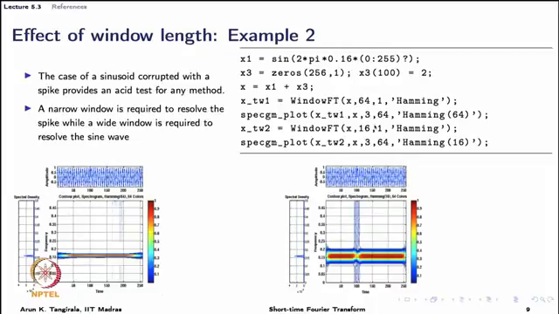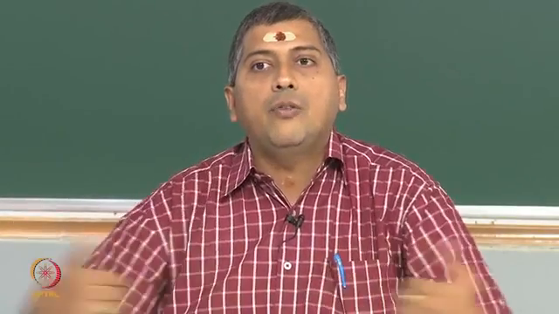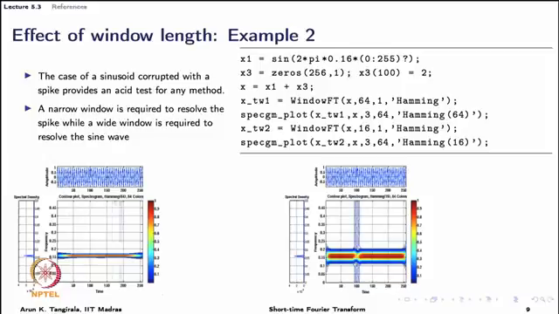Now come to the case of using the window of width 16. Here the spectrogram is in a much better position to pick the impulse, because I have a narrower window and therefore it suits that impulse feature nicely, but it does not suit the sine wave feature nicely, in the sense that the energy of the sine wave in frequency is smeared quite a bit.